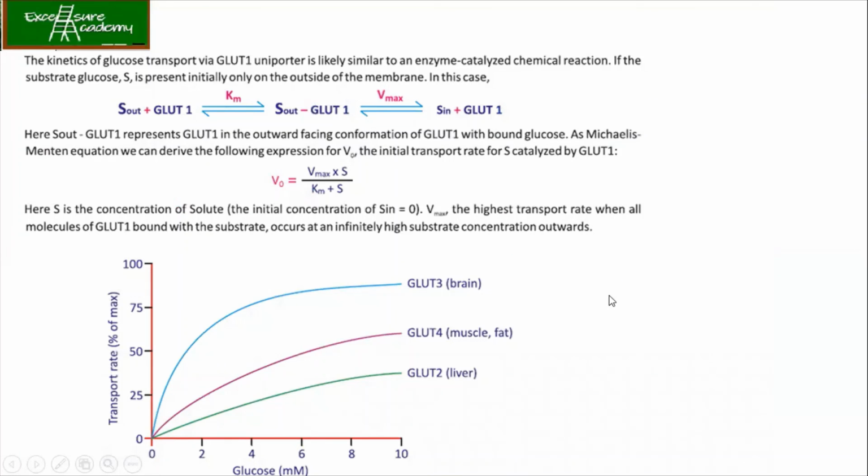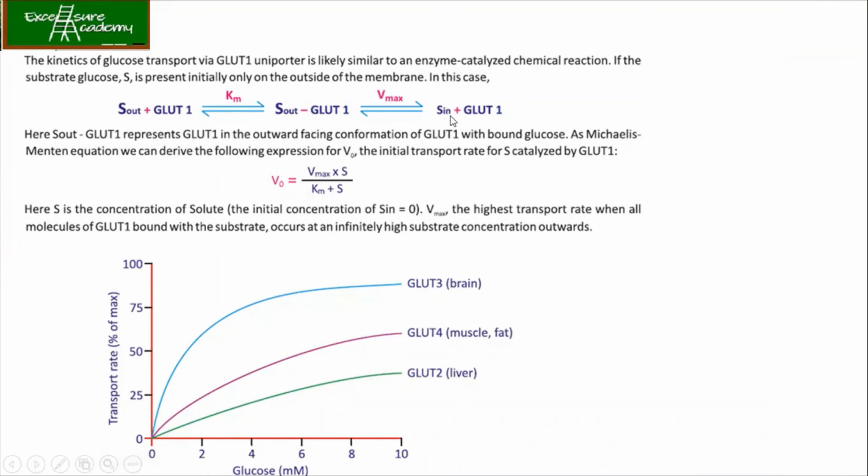Now, let's talk about the kinetics over here. So the kinetics of glucose transporter with the help of the GLUT1 uniporter is similar to your enzyme catalyzed chemical reaction. So you have got the S out GLUT1, then S out GLUT2. ये क्या हो गया आपका? ट्रांसपोर्टर हो गया, ठीक है, एंजाइम सबस्ट्रेट बन गया है.